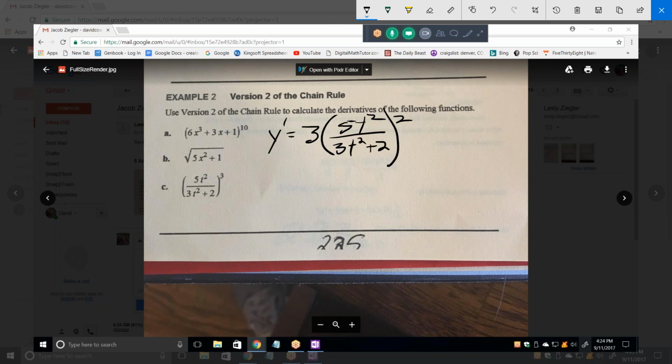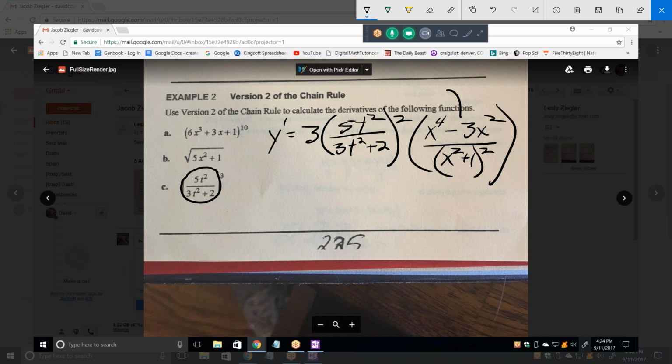Now I got to apply the chain rule and find the derivative of the inside. Well, we just did that. You remember what it was? I think it was x to the fourth minus 3x squared all over x squared plus 1 squared. In other words, this is the derivative of the inside using the quotient rule.